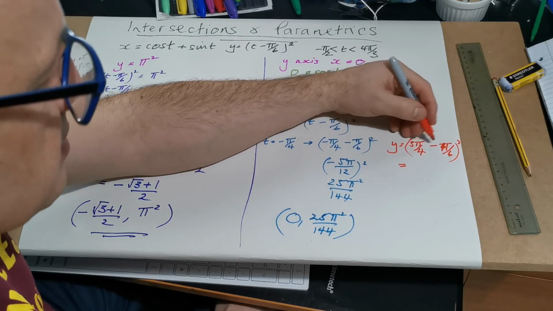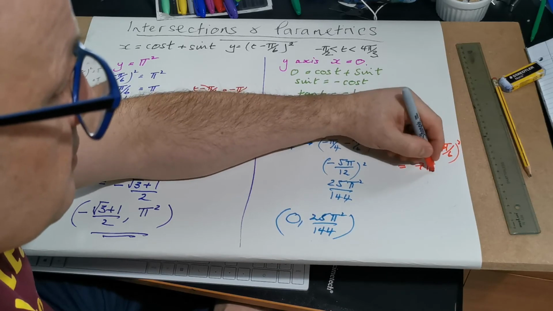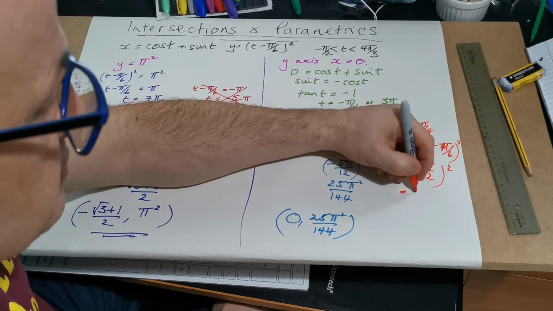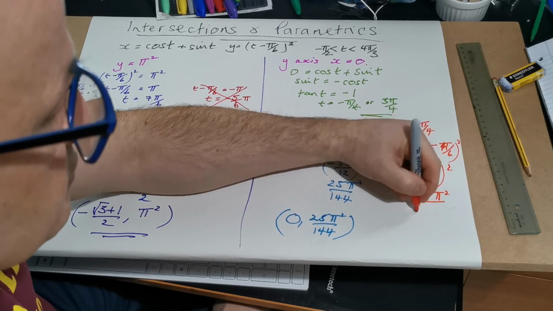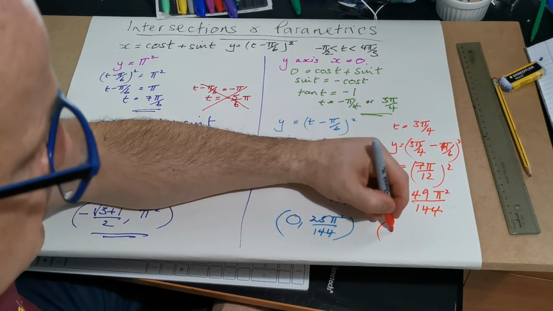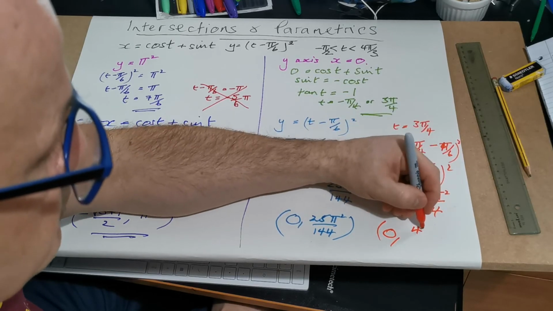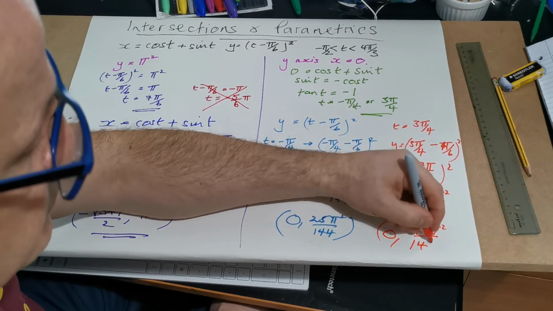Well, that's 9 pi by 12 minus 2 pi by 12, so that's (7 pi by 12) squared, which equals 49 pi squared over 144. So my second point where it crosses the y-axis, x is 0, but the y is 49 pi squared over 144.